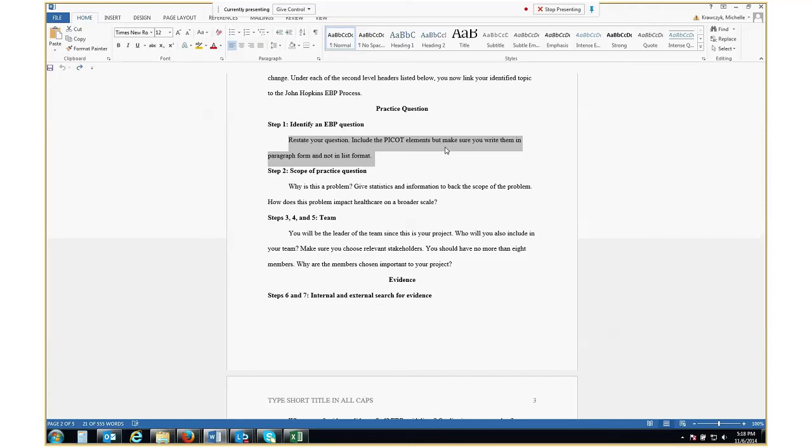So if you're doing a project on catheter-induced infections, it seems to me like the relevant stakeholders would be all nursing care, your nursing assistants, nursing management, maybe the infectious disease nurse, the physician caring for the patient, and the patient itself. So who do you need to bring on board? This will obviously depend on what your project is.